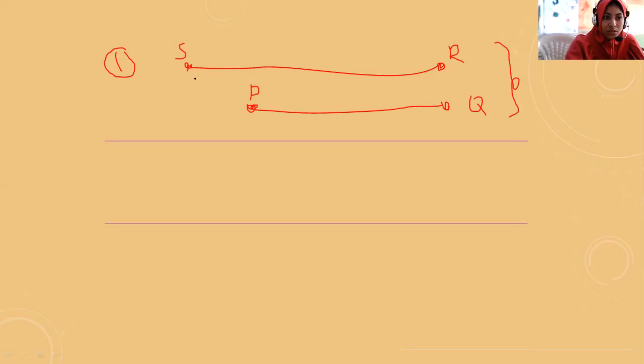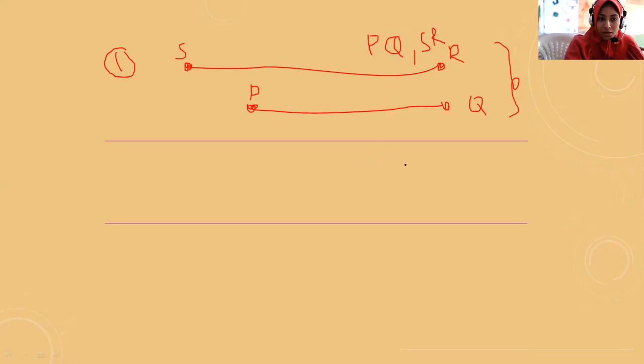So you can see that these are not parallel because this one is starting from S and the point P is starting after some time. Line segment PQ is shorter, line segment PQ is less than line segment SR. PQ is shorter than SR, therefore this line is not parallel.